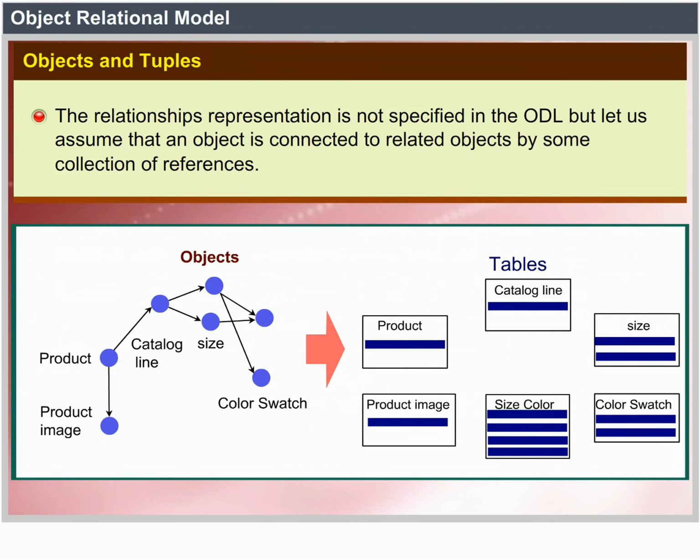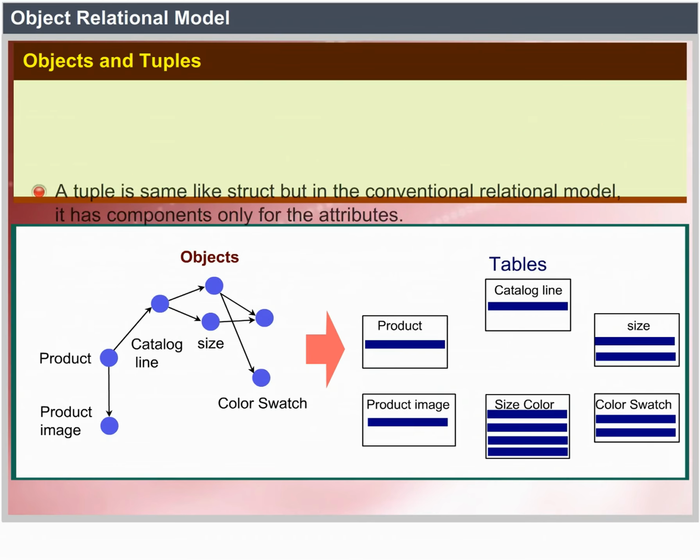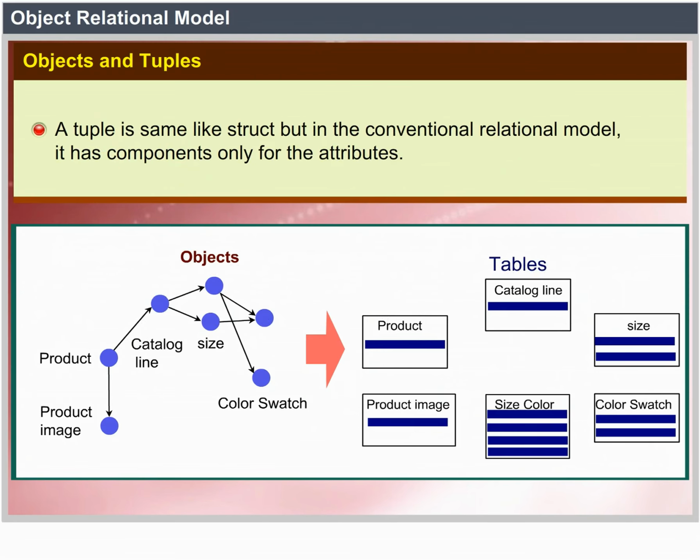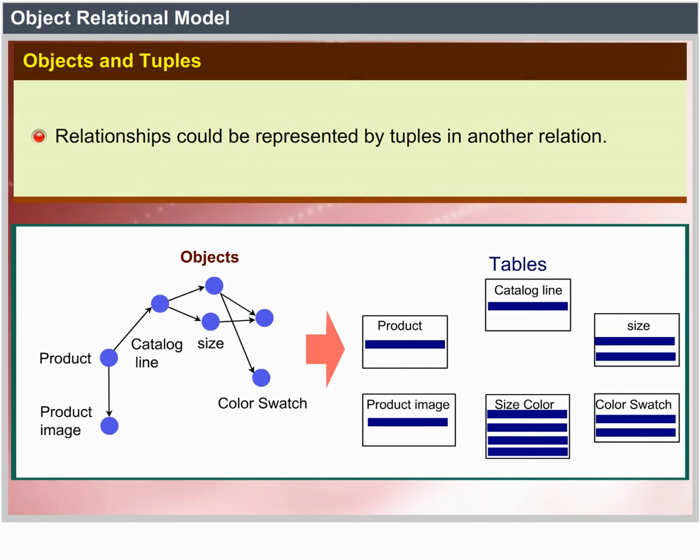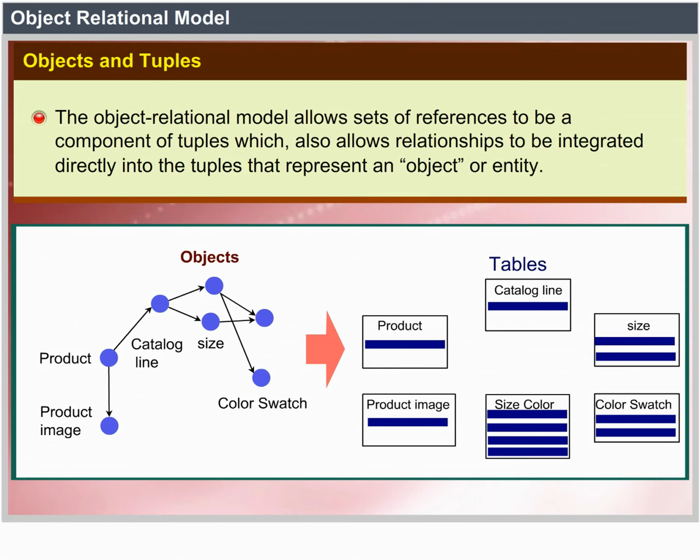A tuple is likewise a structure, but in the conventional relational model, it has components for only the attributes. Relationships would be represented by tuples in another relation. However, the object relational model, by allowing sets of references to be a component of tuples, also allows relationships to be incorporated directly into the tuples that represent an object or entity.